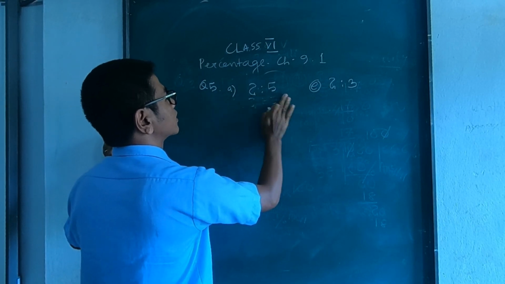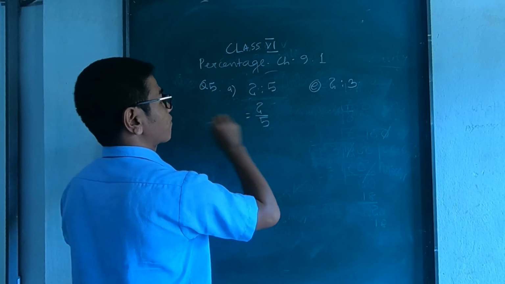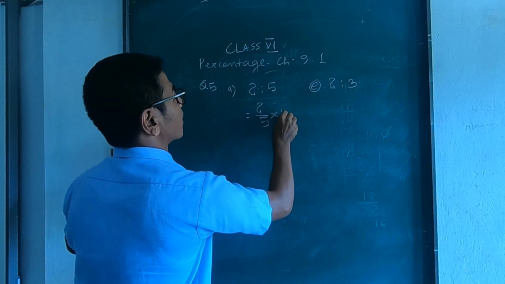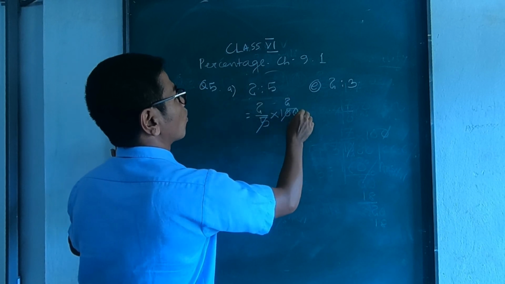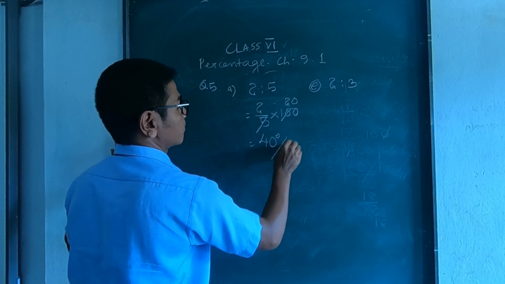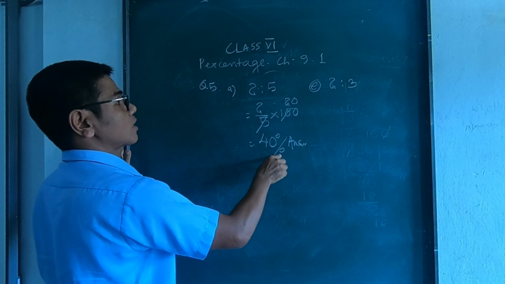So instead of writing divide, we can simply write 2 by 5. Ratio into percentage means we multiply with 100. 5 into 10, 2 into 10 goes, it is 40%. Please don't forget to write the percentage sign.